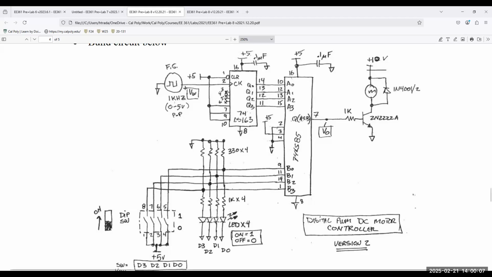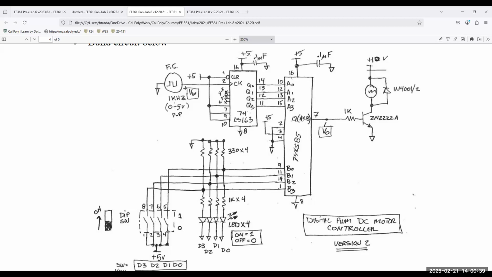So you set the input B, and then here is a free running counter. This circuit right here is a counter. You apply a clock pulse to it, and it's just counting. So the 4 outputs that are going into the input A, it's 0, 0, 0, 0, 0, 0, 0, 1, 0, 0, 1, 0, 1, 1, and so on and so forth. So it's continuously counting. Depending on the set input, if you set your B input to 0, 0, 1, 1, if your counter is below 0, 0, 1, 1, output is turned off.